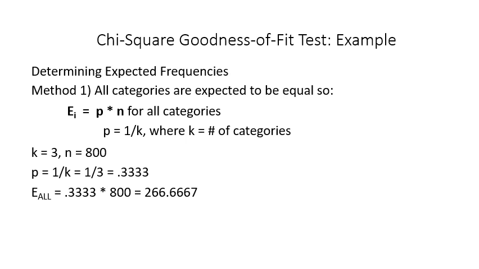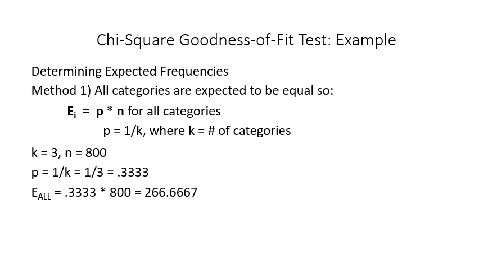As far as determining the expected frequencies, again, all categories are expected to be equal. So expected is going to be probability times n for all categories, where, again, probability is 1 divided by k. Our n is 800. So we need to do 1 divided by k, 0.3333, times 800, 266.6667.